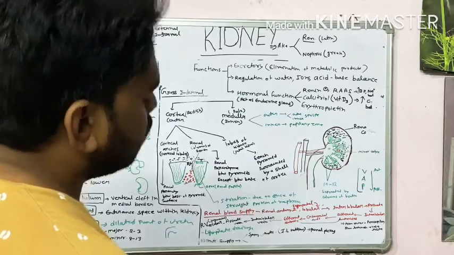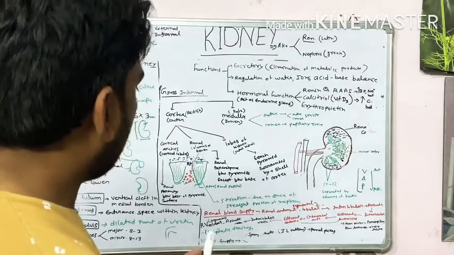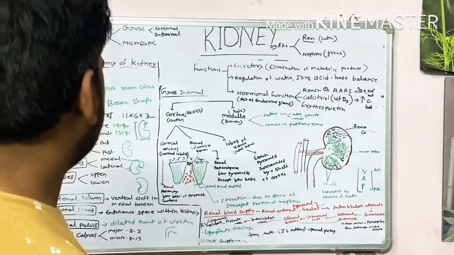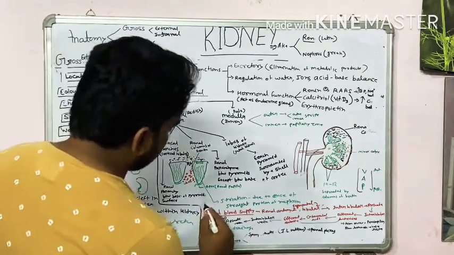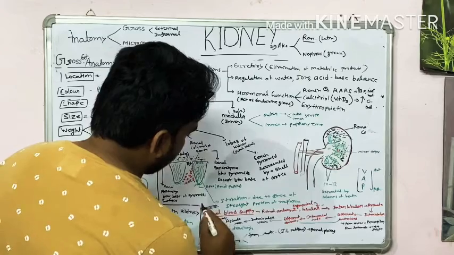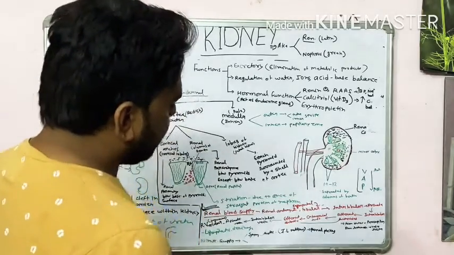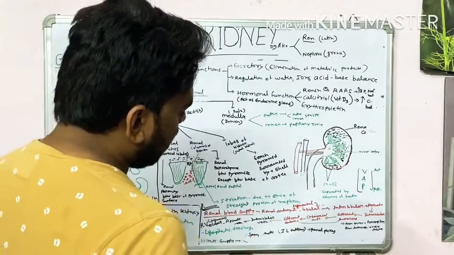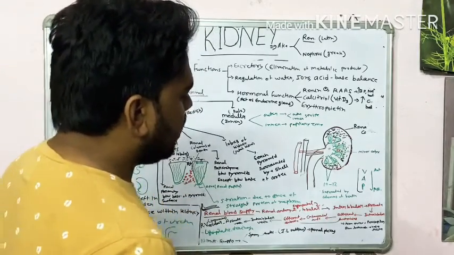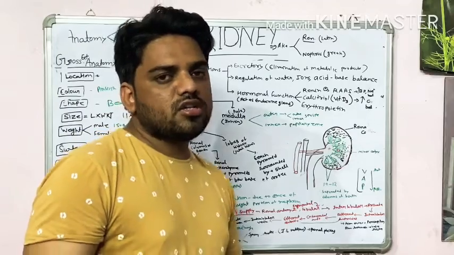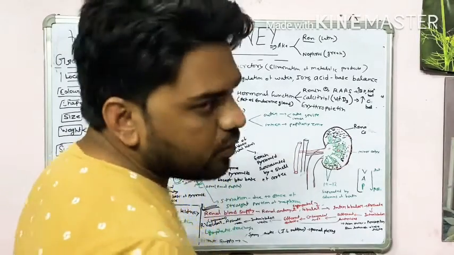Which things do you have to know from these slides? You have to know about blood supply. This is very important. You can write according to this flow chart, and you can also draw a diagram from whatever books you read.